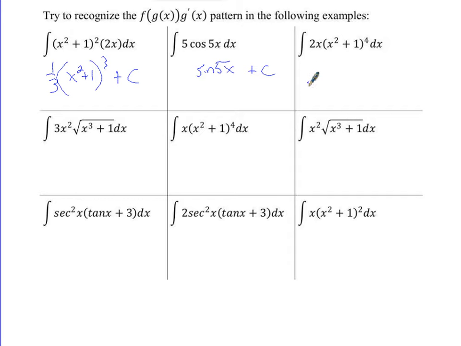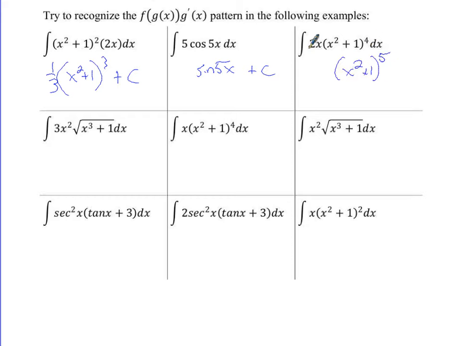How about this one? The first thing you want to notice is that the derivative of the inner function is sitting out here. So the chain rule did happen, which means that this exponent must have been a 5. So I know I have the x squared plus 1 to the 5th.